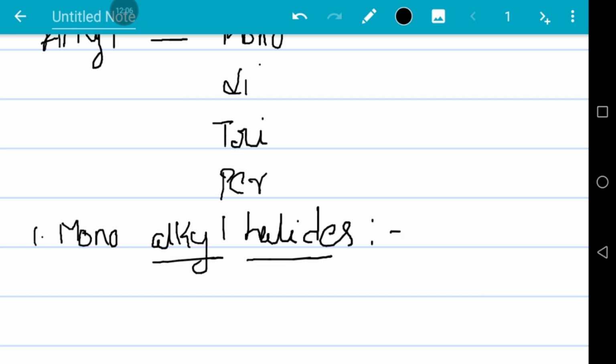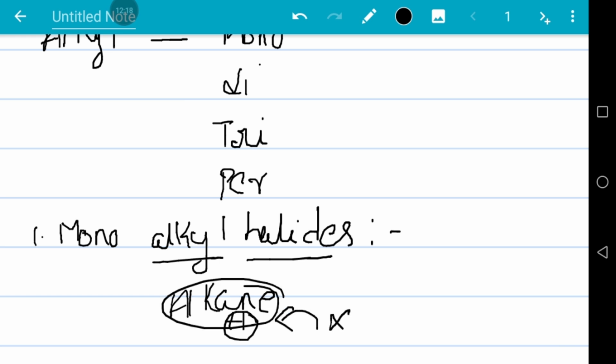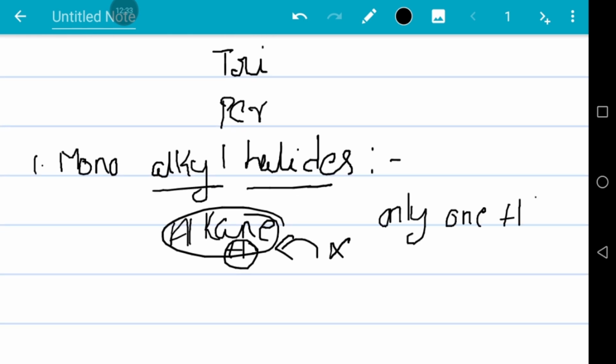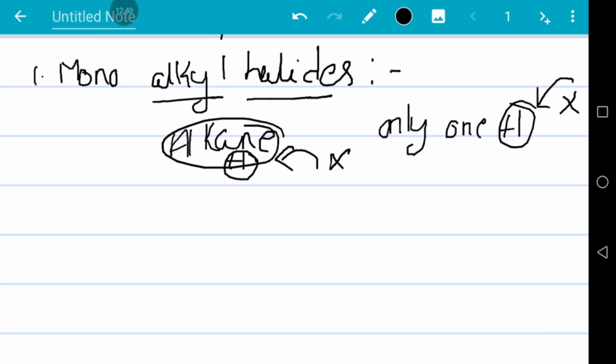Alkyl halides, what is the meaning? From an alkane, hydrogen is replaced by the halogen, then these are called alkyl halides. Only one hydrogen is replaced by the halogen, then monoalkyl halides will form. For example, CH4 is an alkane. In this, one hydrogen is replaced by the halogen, then CH3Cl will come.